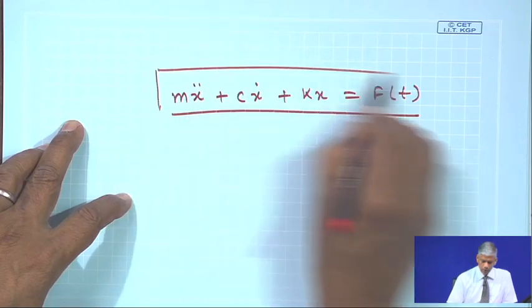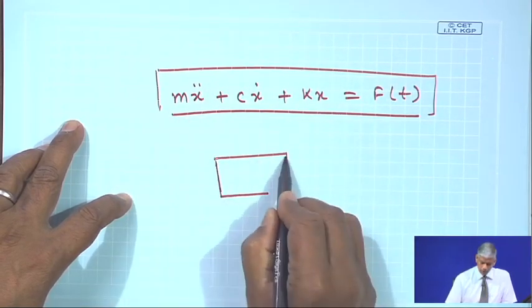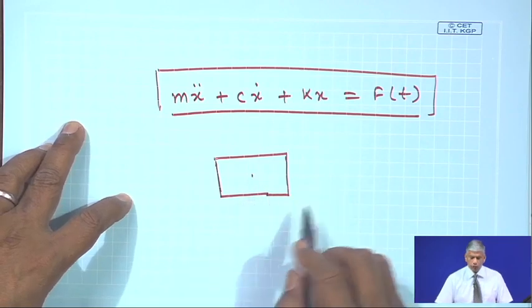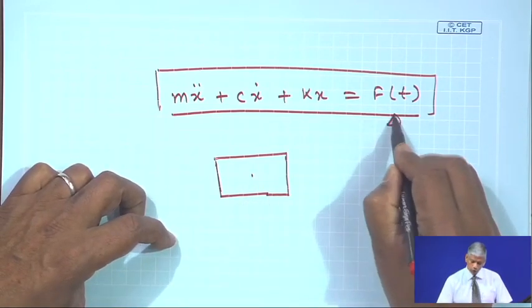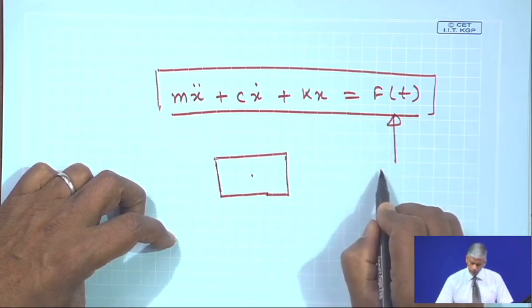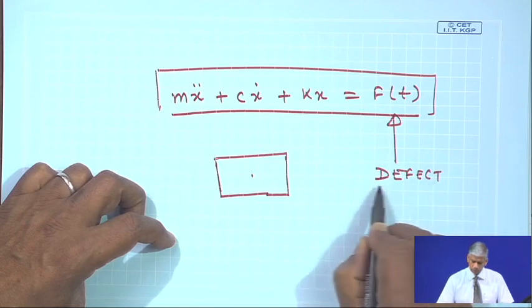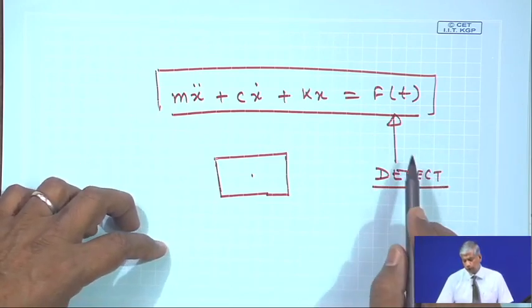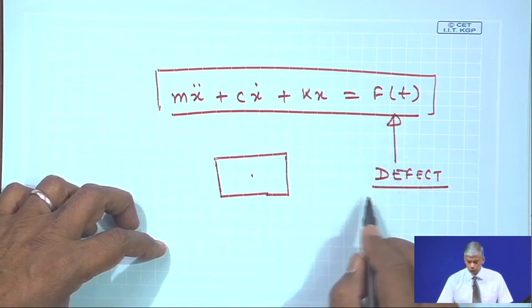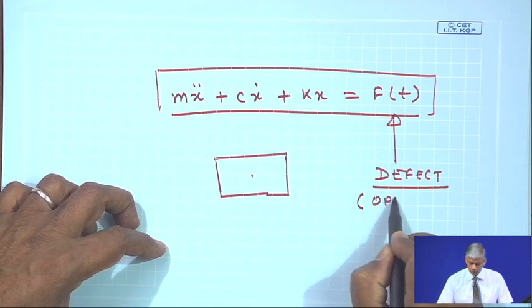When in condition monitoring I have a body, the question is who is giving this force. So, this force is because of a defect. And usually the frequency of this defect force depends on the operational speed of the machine.